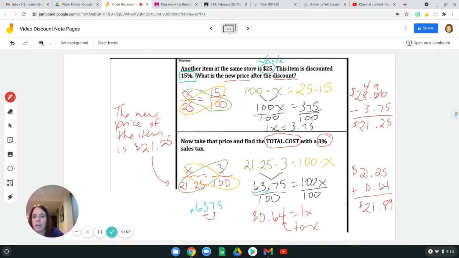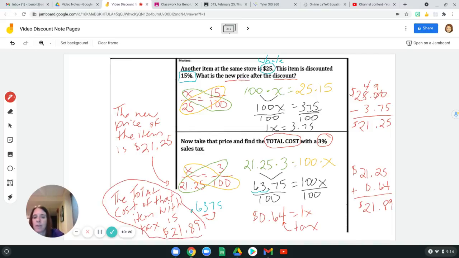So the total cost of that item with tax is $21.89. It started at 25, had a discount, but even with the tax, we're still under. Bring $22 to that store, you can buy that item. All right, bring these notes and let's practice.